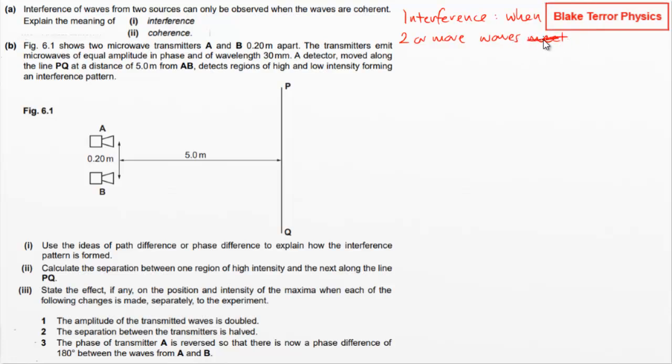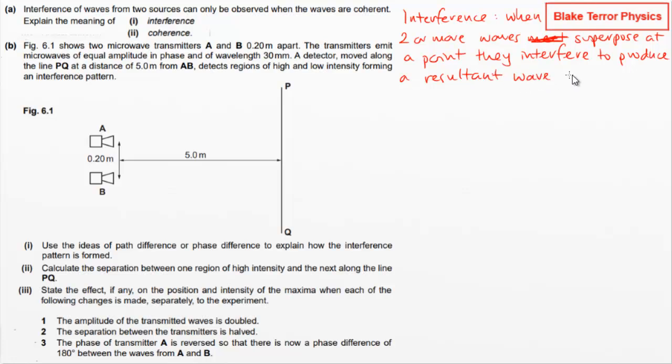Or actually, let's go with superpose, because that's an even better bit of technical terminology. Meet at a point, they interfere. So we've stated when it happens. Now we just need to say what happens, which is to produce a resultant wave.